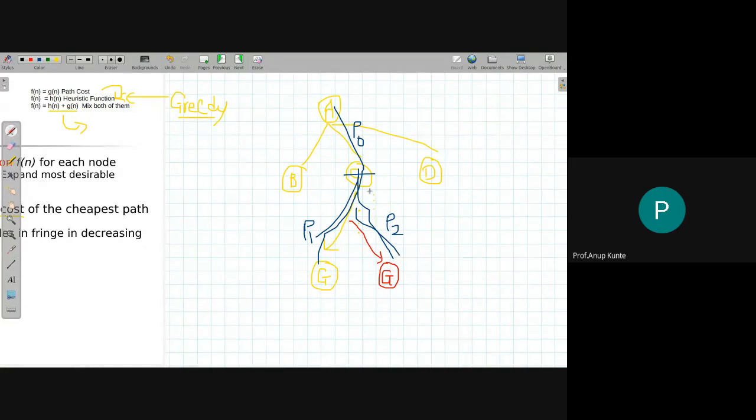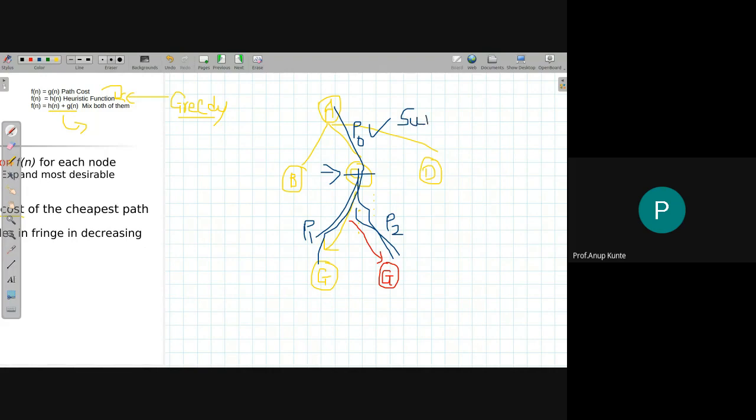I'm assuming I'm calculating the complete value. Now please understand the portion of cost. If I'm talking about whether to expand C or not, at this point in the calculation, when C is in the fringe list, I already know what P0 is. I know it with surety. I know its value for sure.